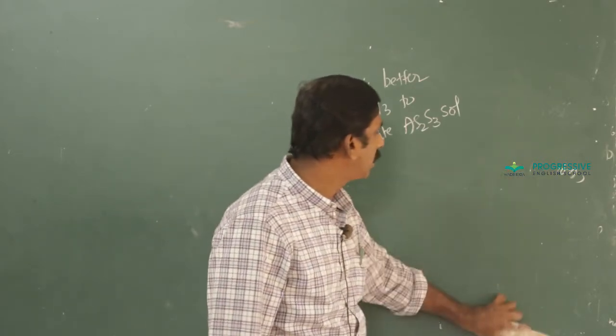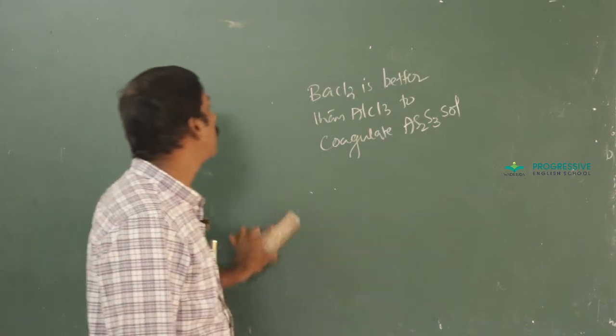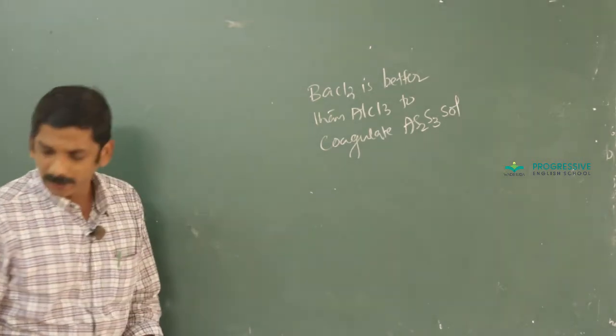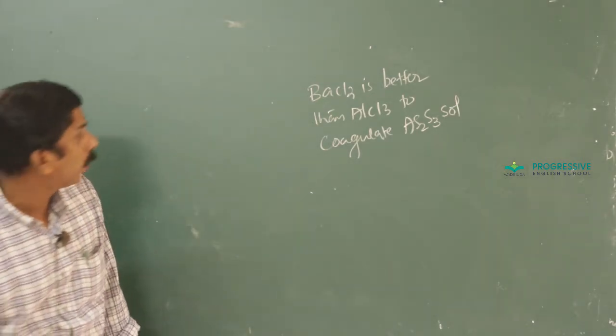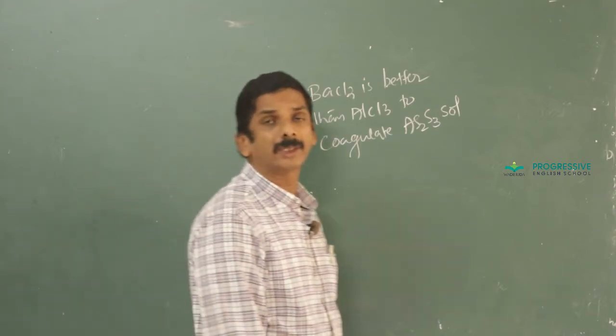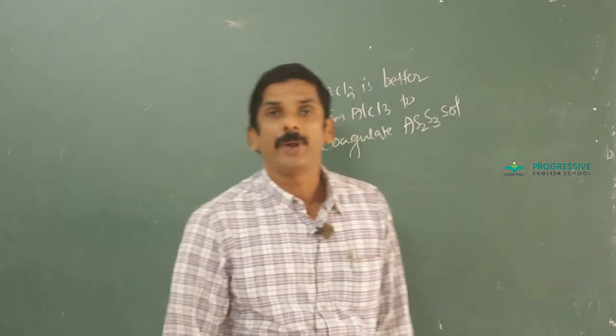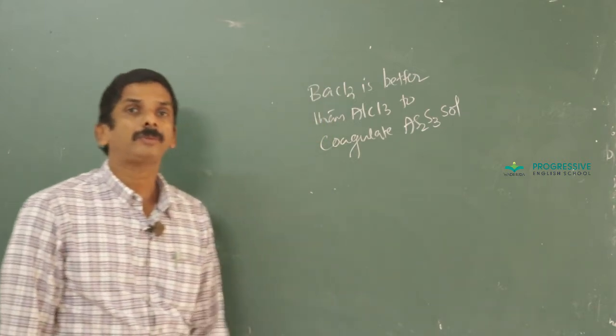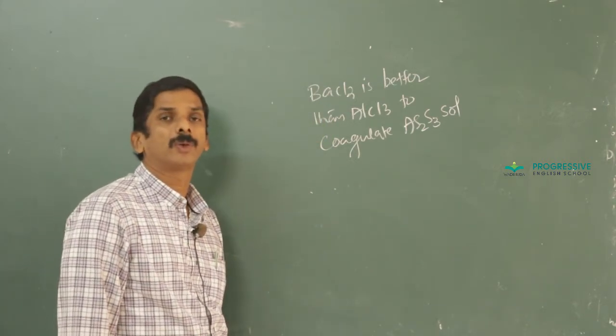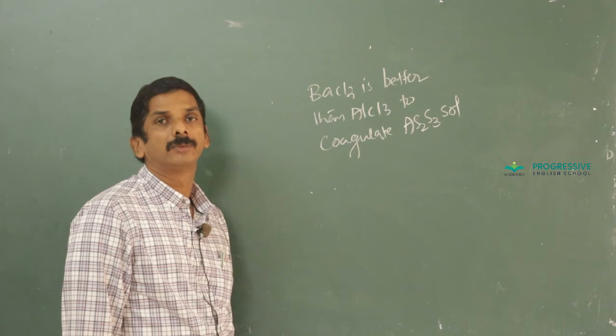BaCl2 is better than AlCl3 to coagulate As2S3 sol. What is your opinion regarding that?